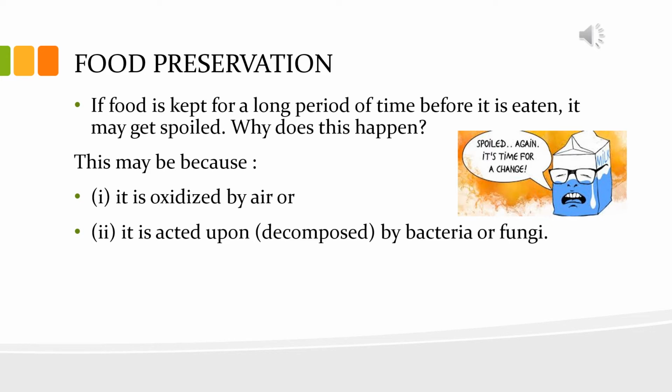It happens because food is getting oxidized by the air, or it is acted upon by bacteria or fungus. These bacteria and fungus are always present in air. Once they get their passage to this food item, they spoil it.